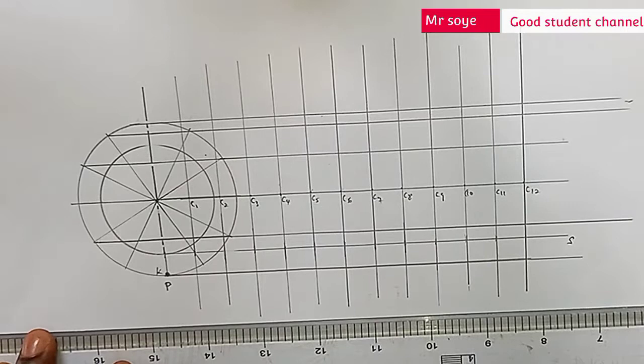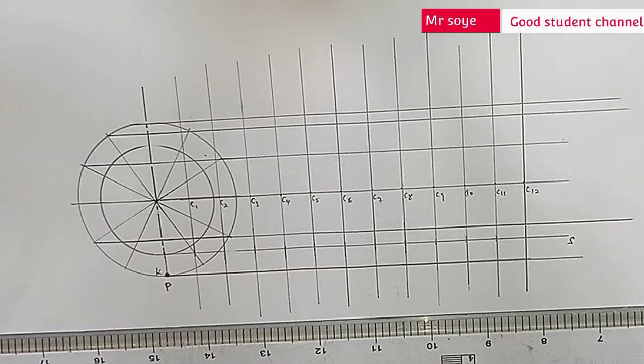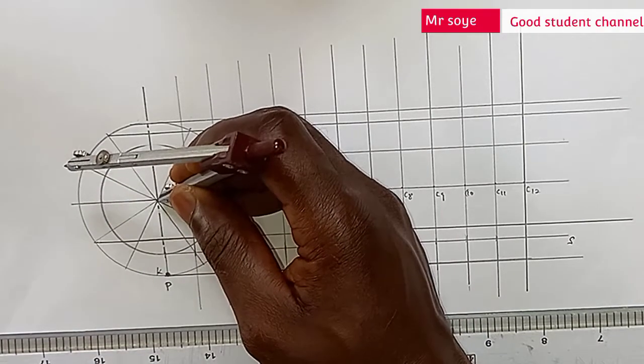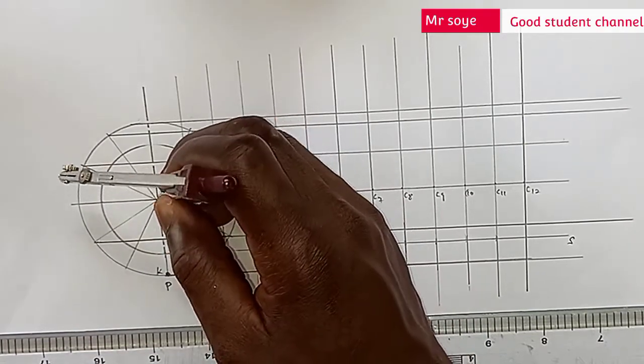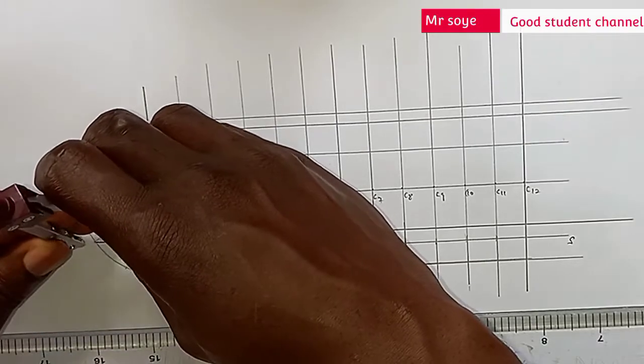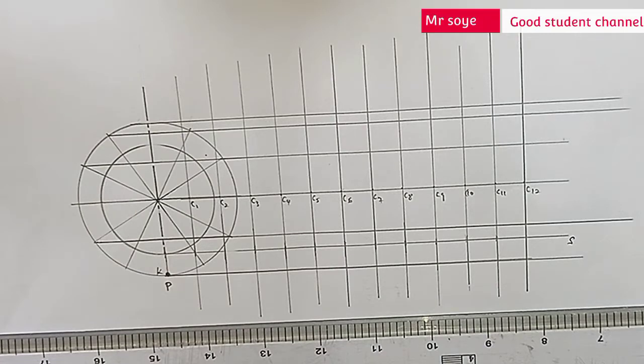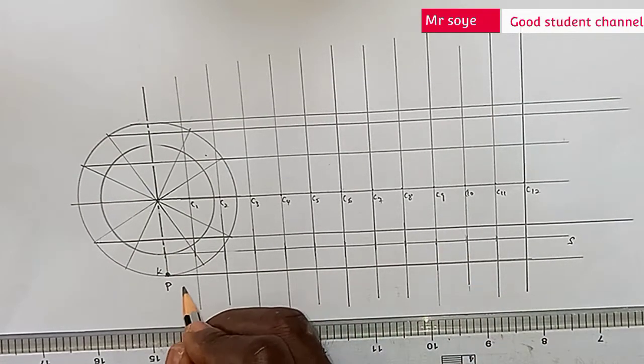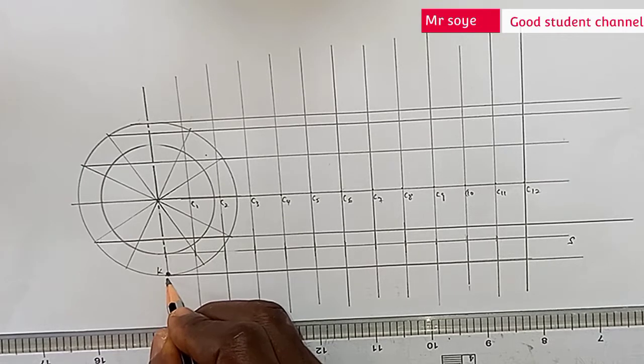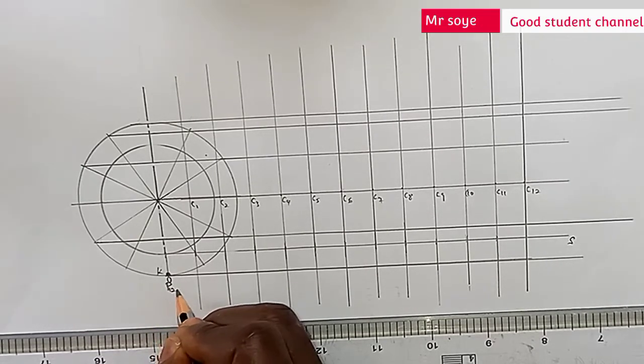All right. So now I have looked at these centers. Then we extend our compass to the radius of the generating cycle, which is 35. Then we put it at the center and mark each line. Now this line here, let's refer to it as line 0 and line 12.